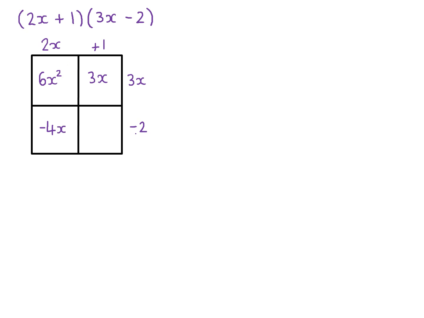And then finally, positive 1 times negative 2 gives us negative 2. Combining them then, we've got 6x squared plus 3x minus 4x minus 2. So again, if we collect our x terms together, we've got plus 3 minus 4, which is just minus 1x. Now we don't like to write minus 1x, so we just write minus x minus 2.